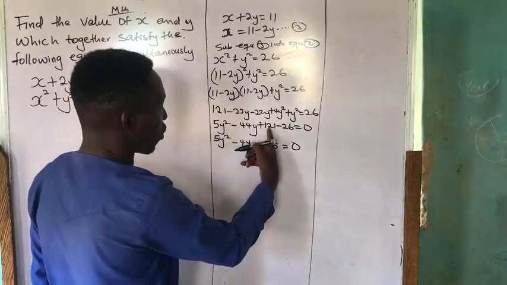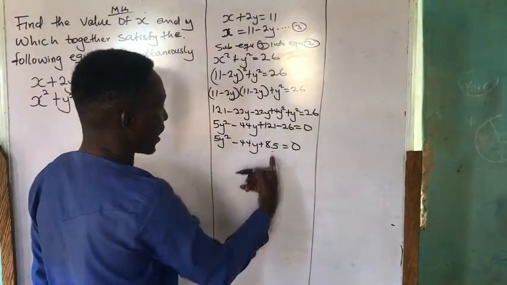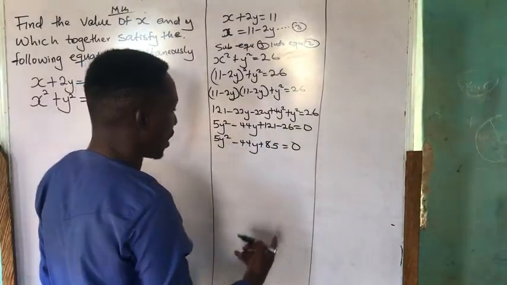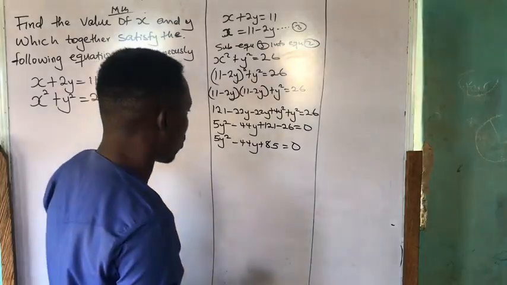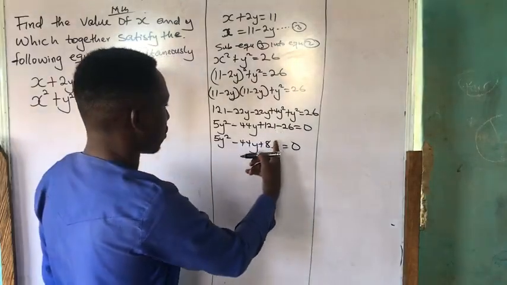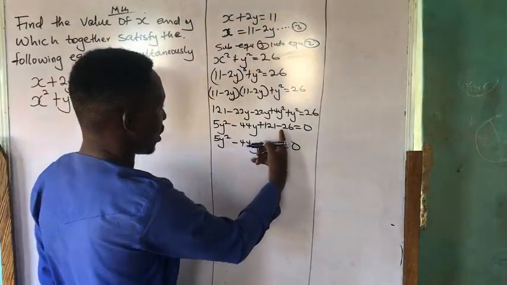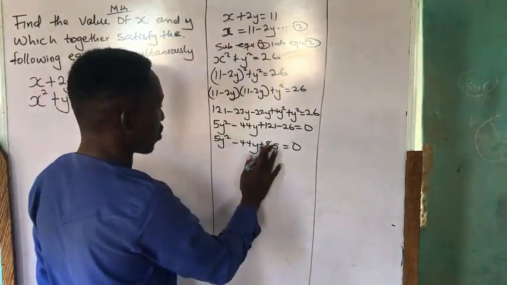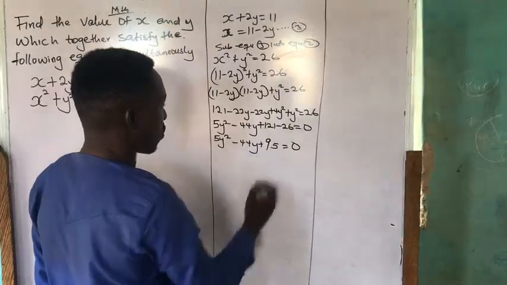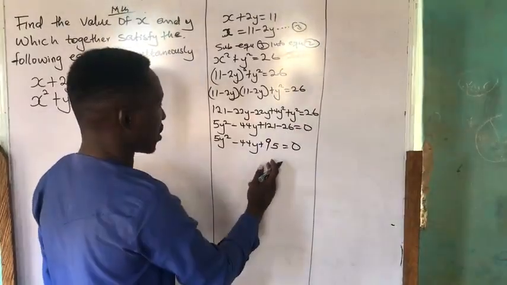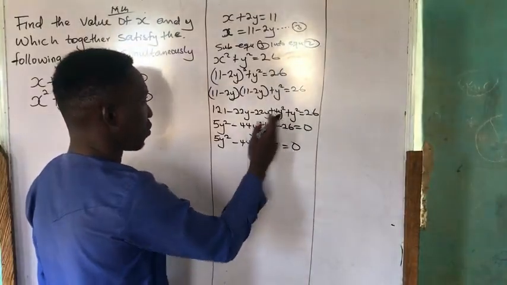If I borrow 1 from here, this one will become 10. 10 minus 2 gives me 8. Let's check again. So that's correct. 5 plus 6, 11. 8 plus 2, 10 plus 1, 11. That's not correct. That's supposed to be 95. 5 plus 6, 11. 9 plus 2, 11 plus 1, 12.